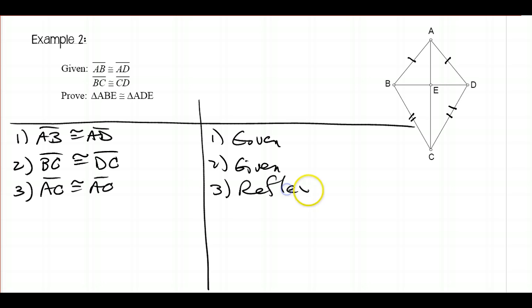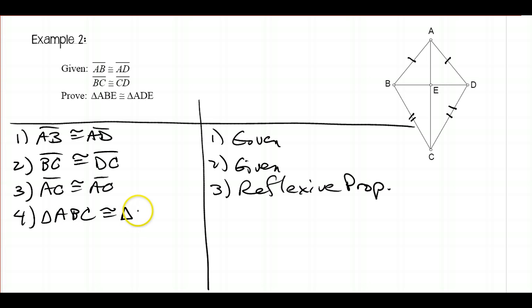Reflexive property. And that's going to give me enough information to prove triangle ABC is congruent to triangle ADC by side, side, side, steps 1, 2, and 3.